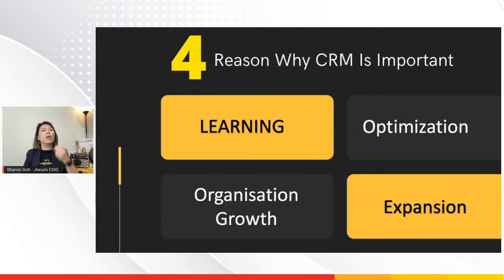The first reason why you want to go into this CRM system is the learning. The learning is not the go-to-school kind of learning.